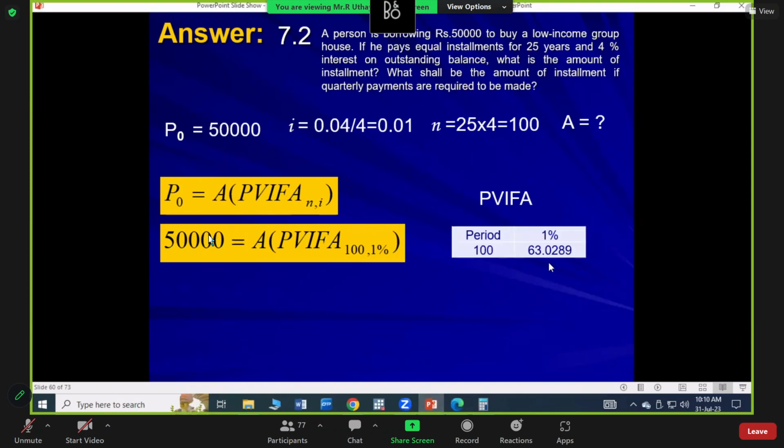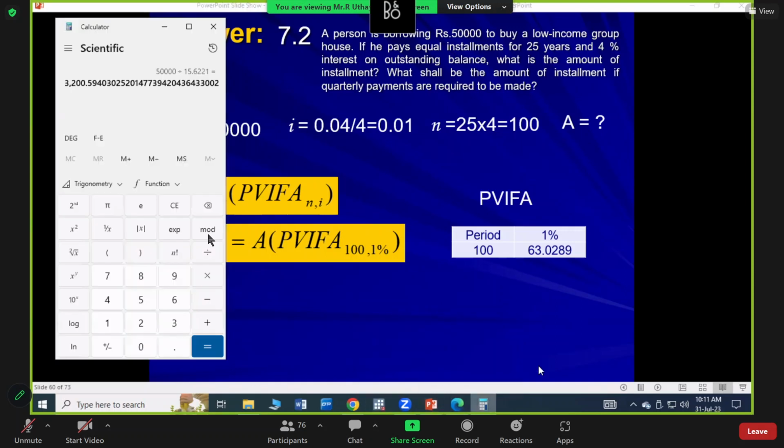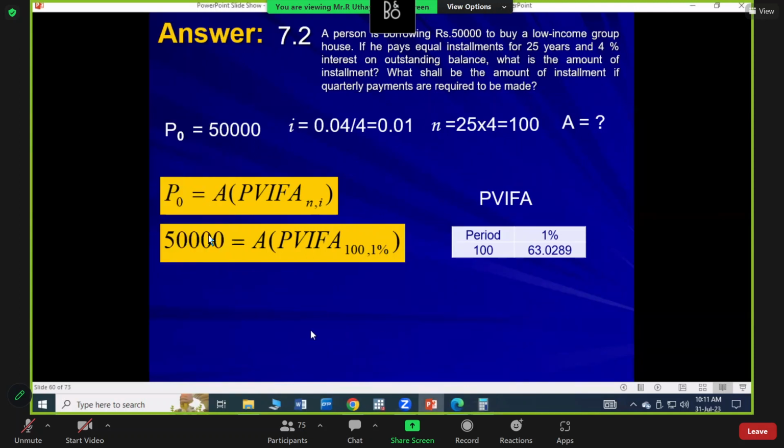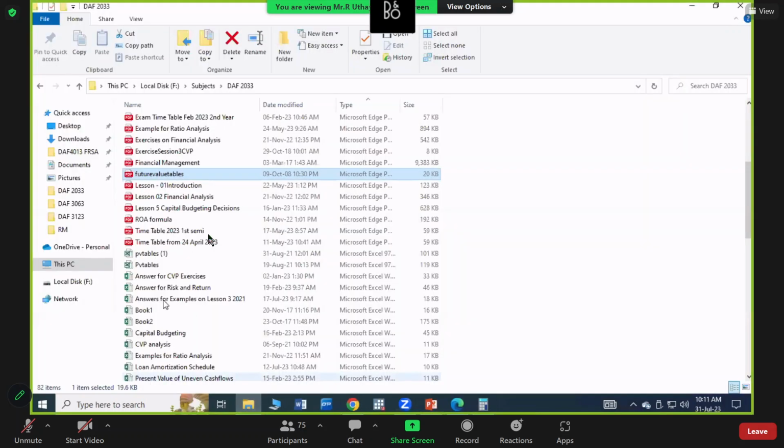So you can find that this is 63.2089 at 1%. You can use your calculator to get that value, or check it with the Excel.